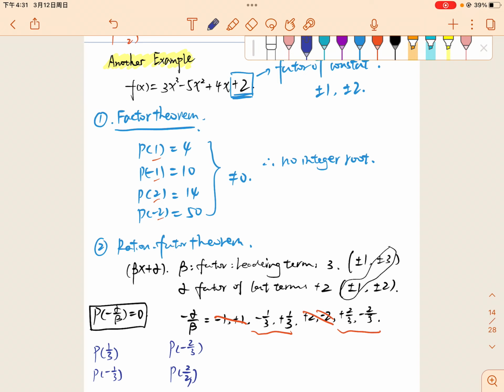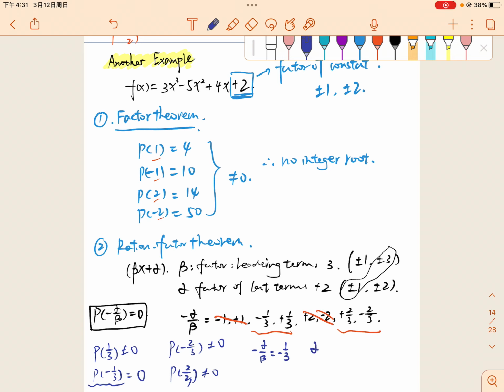And if you just try to solve them inside, you get that it's not 0. This is not 0. This is not 0. But negative 1/3 solved inside the polynomial will give you the answer of 0 in the end. So that means your negative alpha over beta would equal negative 1/3.